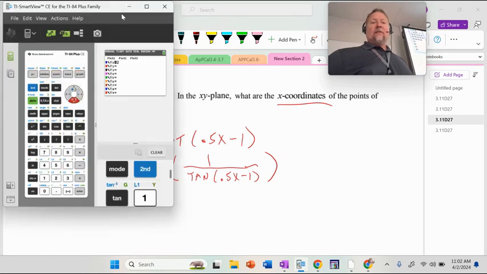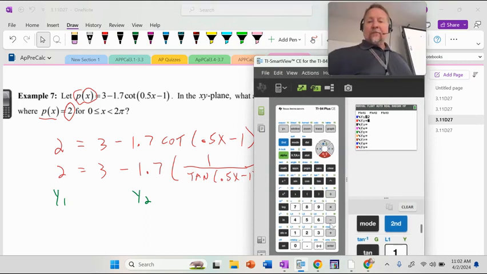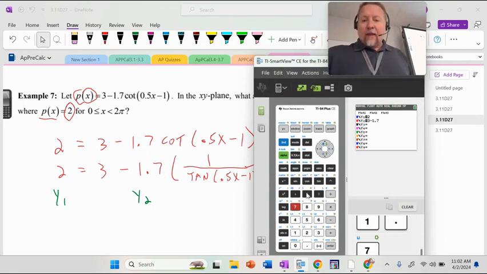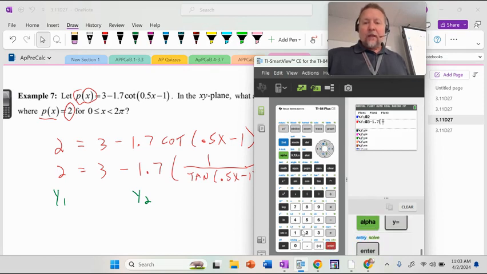3 minus, and then I'll show you what I typed here. 1.7 parentheses. Now I'm going to go ahead and do the fraction button for time purposes. Second, y equals, fraction, and then 1 divided by tan. Oop, almost hit cosine.